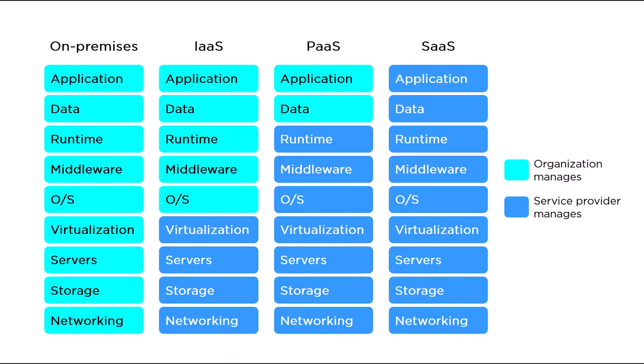But when you utilize cloud services, those service providers are responsible for different pieces. With infrastructure as a service, you're managing the apps while they manage the data centers. Platform as a service, they create and manage the service, you manage the app. And with software as a service, they manage the whole thing.